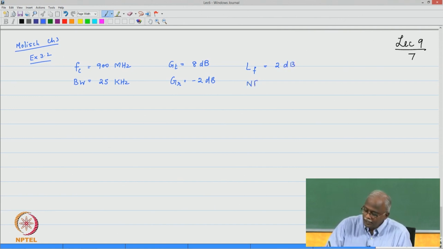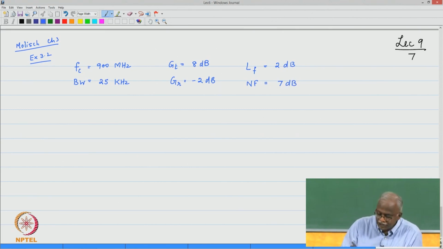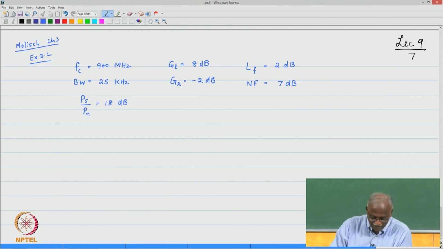The noise figure of my receiver is 7 dB, and what we would like to achieve is a PS by Pn of 18 dB. We would like to achieve this signal to noise ratio, and we are told that we can take the d break as a distance of 10 meters with a path loss exponent of 3.8.